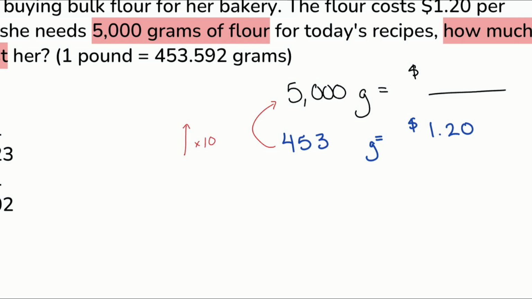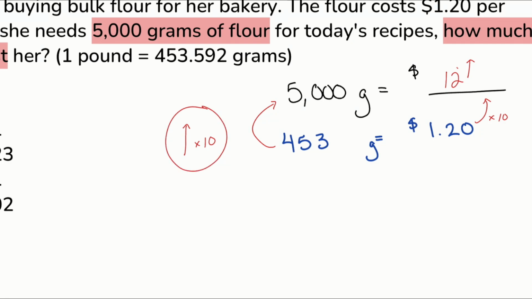But watch what happens if I multiply by 10 here. Because again, compare the same things in the same way, right? 1.2 or $1.20 times 10 would be $12. But the actual answer, again, is higher than this because we're multiplying by more than 10 to get to 5,000. 453 times 10 is just 4,530. We're still not there, so we know it has to be more than times 10.